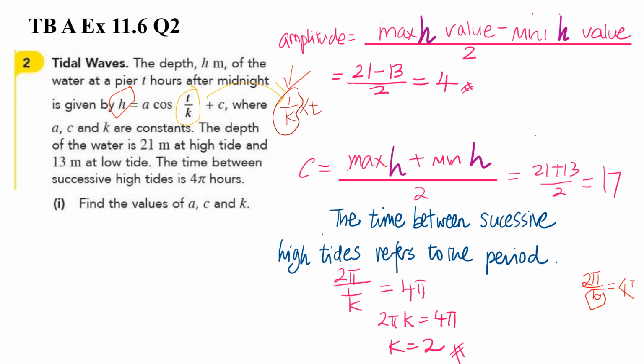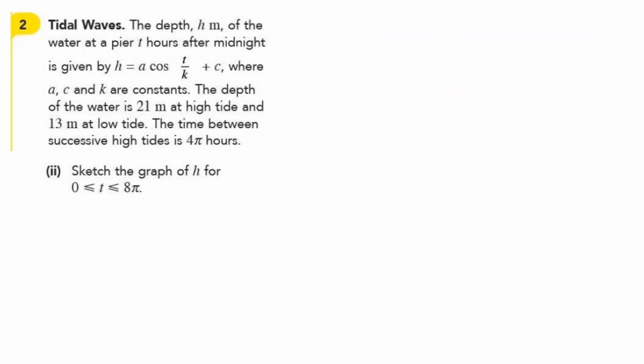And just now we already discussed that A is equal to positive 4. So this is how you find all the relevant values for your A, C, and K. Once we know the values of A, K, and C, we can substitute into your trigo function.